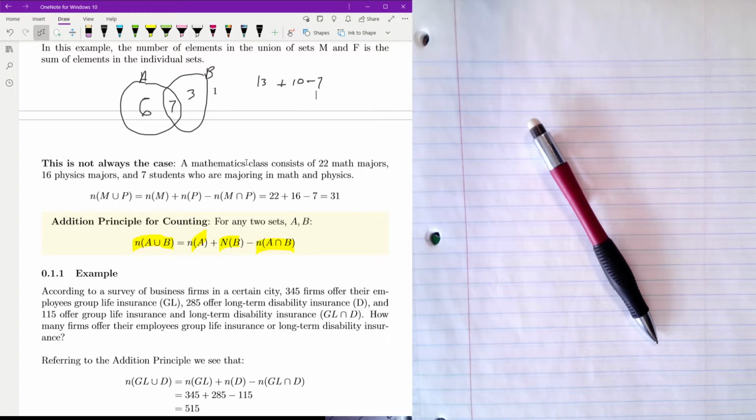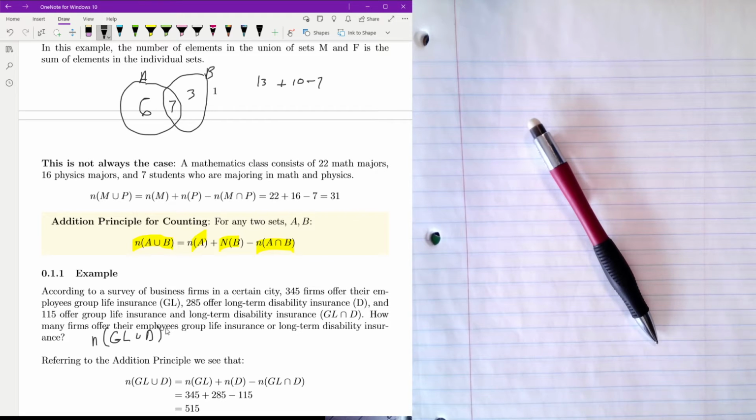How many firms offer their employees group life insurance or long-term disability insurance? That's a union. Well, let's think about it just a little bit. The way we've been phrasing this, how many offer group life or disability? So that's a union. So that is N of group life union disability.